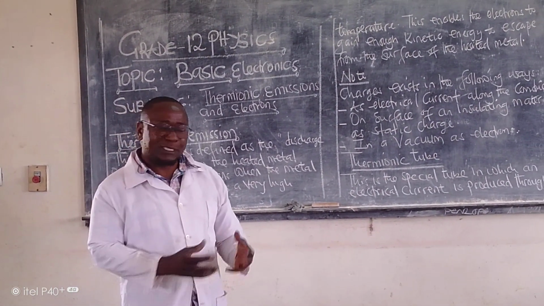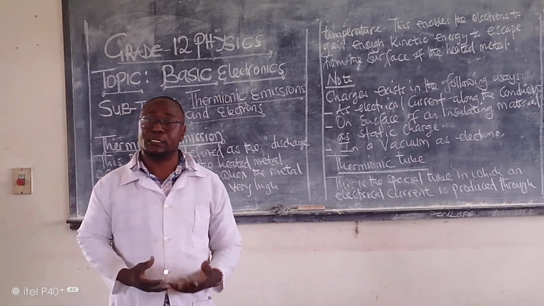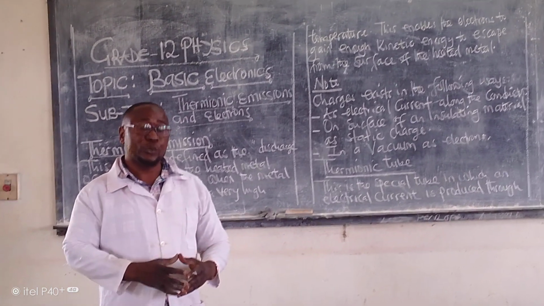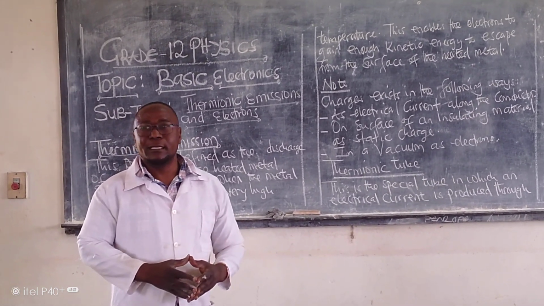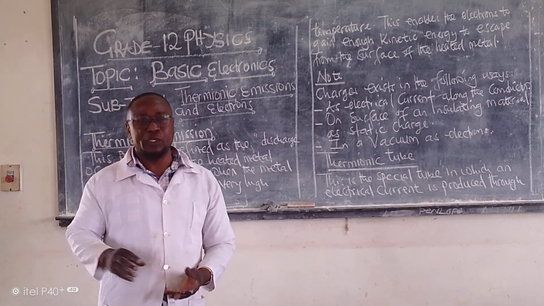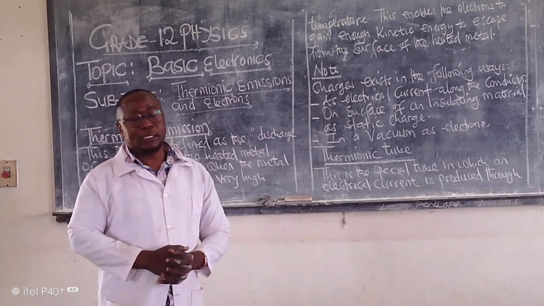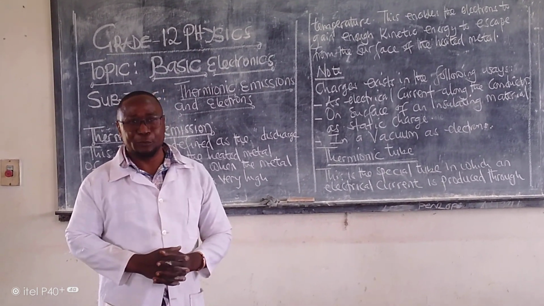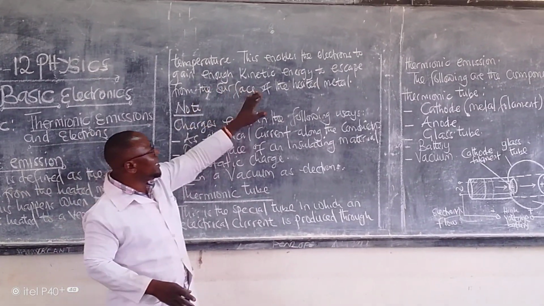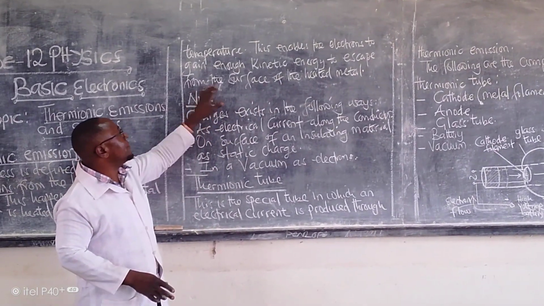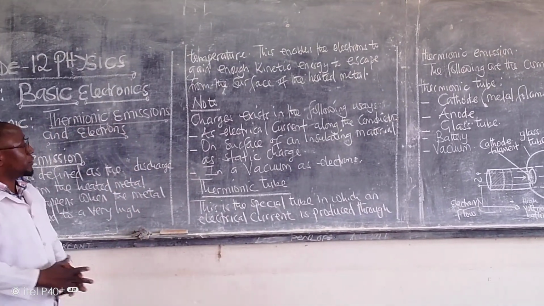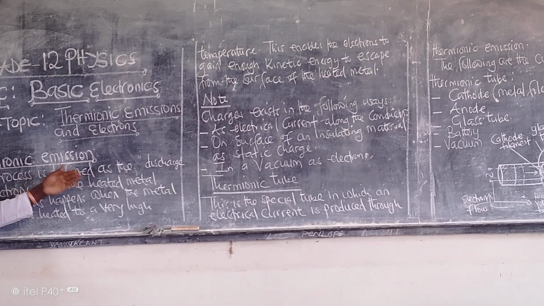And once they escape, because these electrons are negatively charged particles, they are going to be attracted by the anode, which is a positively charged terminal inside the thermionic tube. So this enables the electrons to gain enough kinetic energy to escape from the surface of the heated metal. That is the process we call thermionic emission.